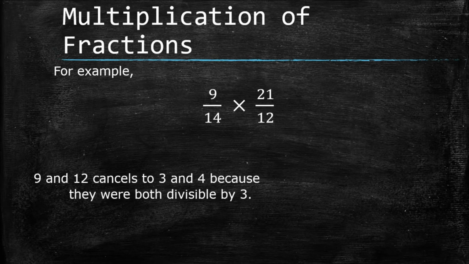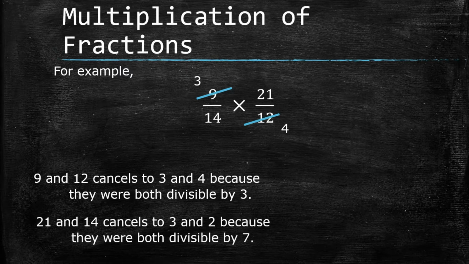9 and 12 can be cancelled to 3 and 4 because they are both divisible by 3. So 9 divided by 3 is 3 and 12 divided by 3 is 4. 21 and 14 can also be cancelled by 7. 21 by 7 is 3 and 14 by 7 is 2.